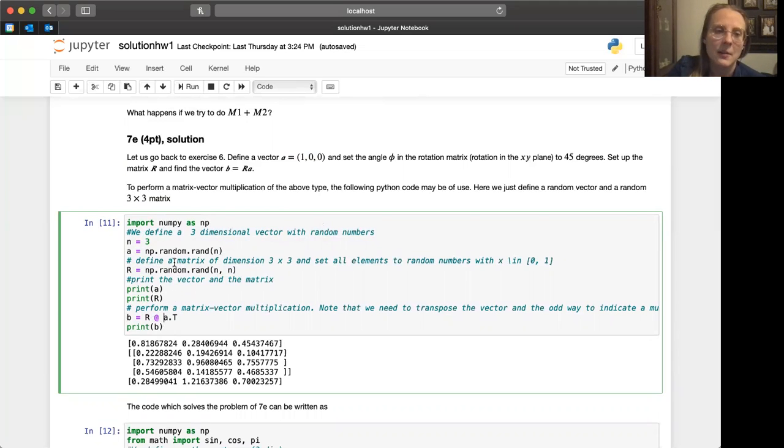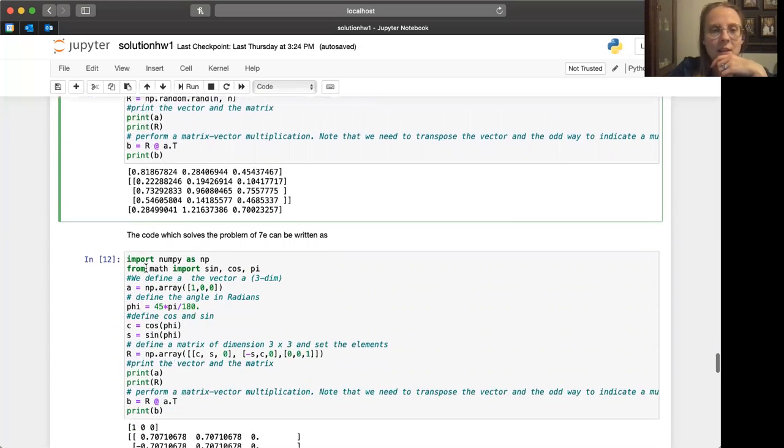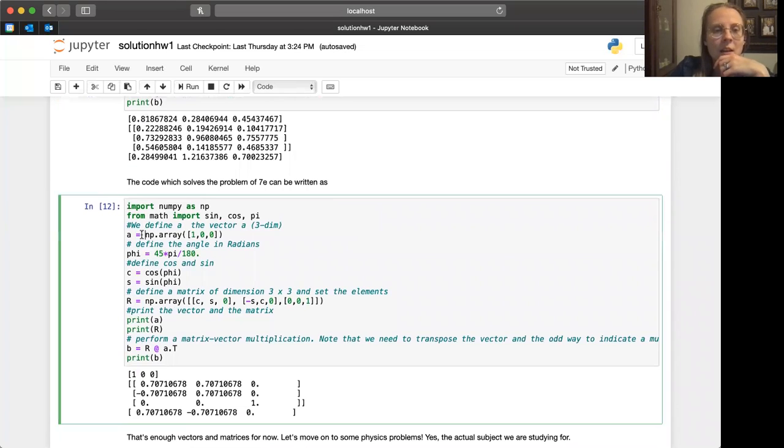So this is a good starting point, but we need to replace A and R with what they actually stand for. So going down to this code block here, A, as in the problem statement, is simply a vector with components 1, 0, and 0.